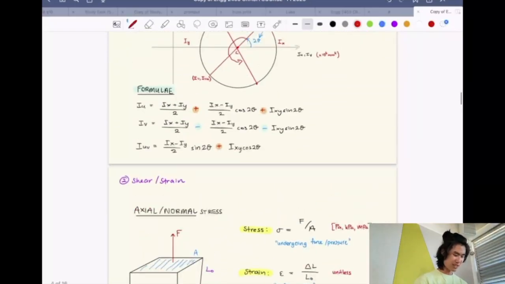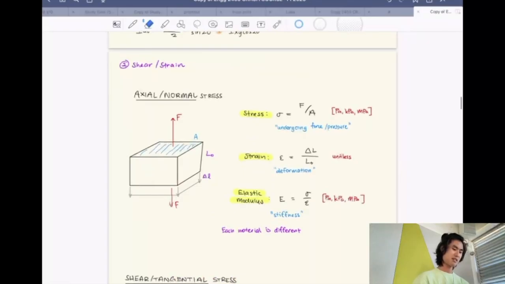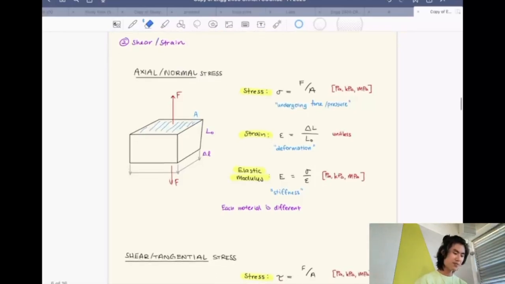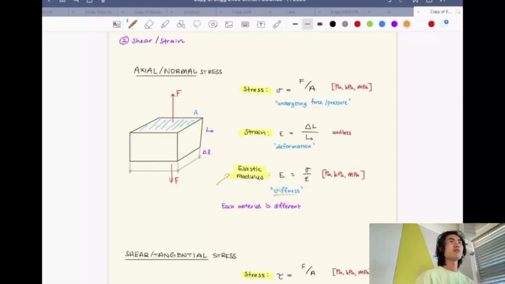Okay, let's go over some shear and strain. If you guys have done maths, then this might make more sense to you. These are more material properties. Actually, wait, no, sorry, this one is a material property. You guys have probably heard of elastic modulus before. Elastic modulus is basically the stiffness of the shape.